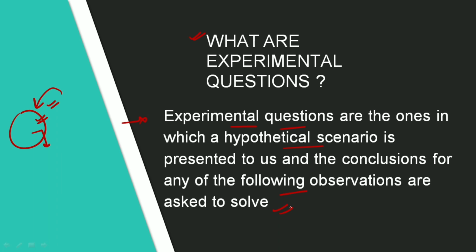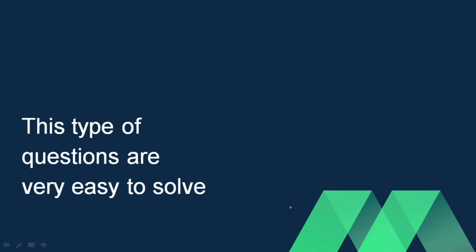The first type is what we call statement-wise, and the second are the ones in which we have to find the correct one out of the 4 observations given. One very important point to remember is that these types of questions are very easy to solve. I'll be solving one question in front of you in this particular lecture itself, so wait for the same.